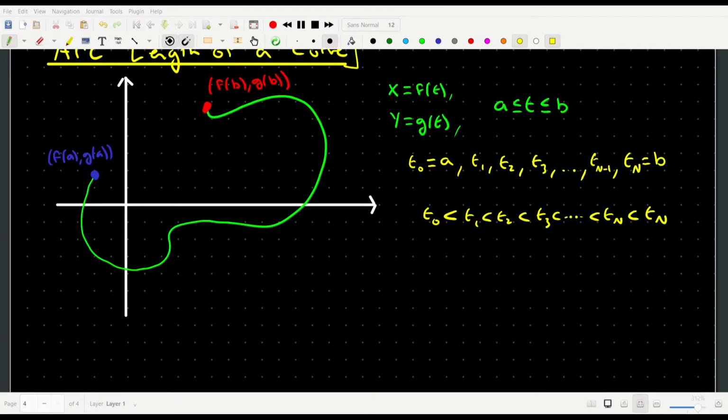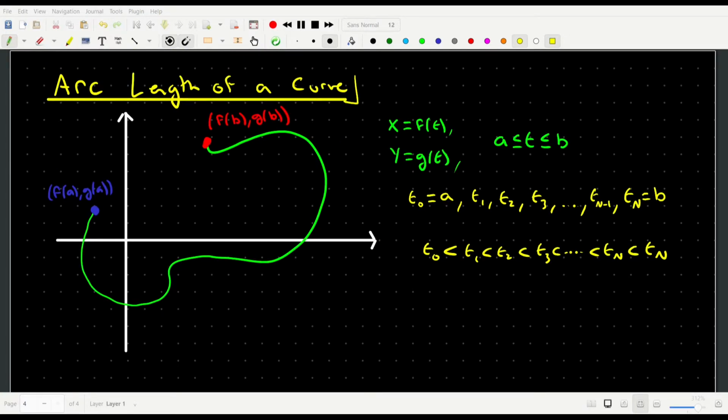This process will be familiar to you if you've taken a Calculus 2 course and studied Riemann sums for the definite integral. Basically, what we need to do is figure out what the correct Riemann sum is that will give us the length, or the arc length, of this curve in the limit as this partition gets finer and finer.